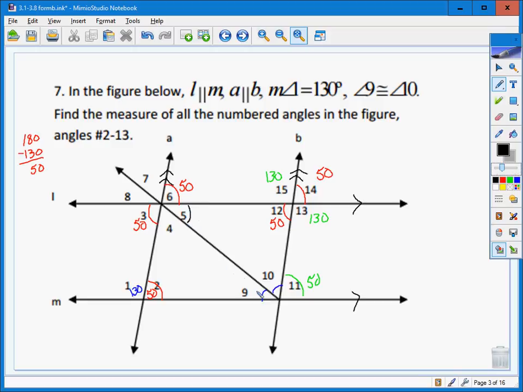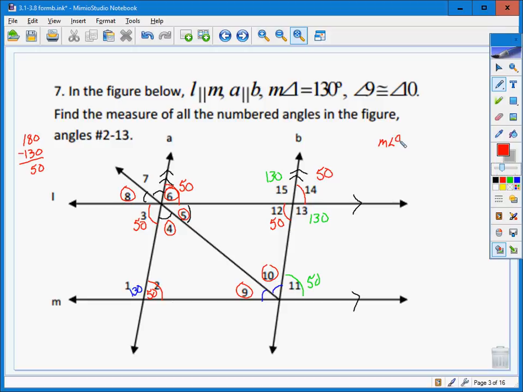And if 9 and 5 are congruent, 10 and 4 are also congruent. And that means that they're also congruent to 7 and 8. So I do know that 9, 10, 4, 5, 8, 6, all going to have the same measurement.